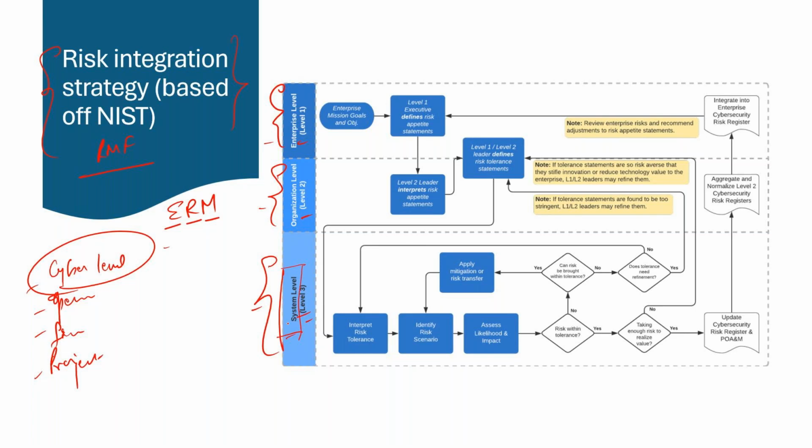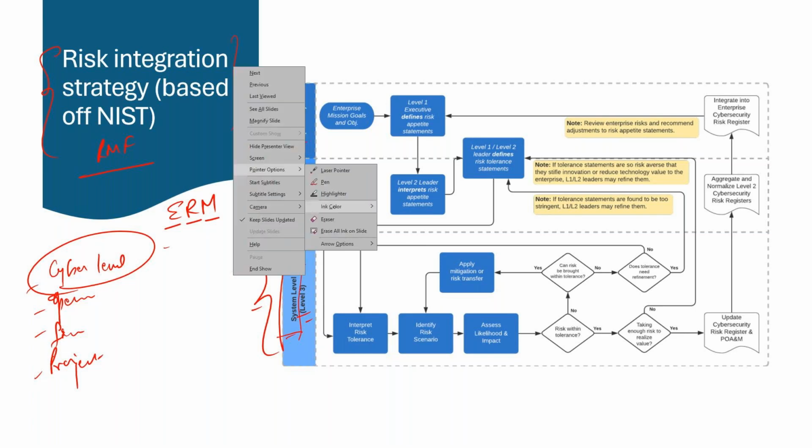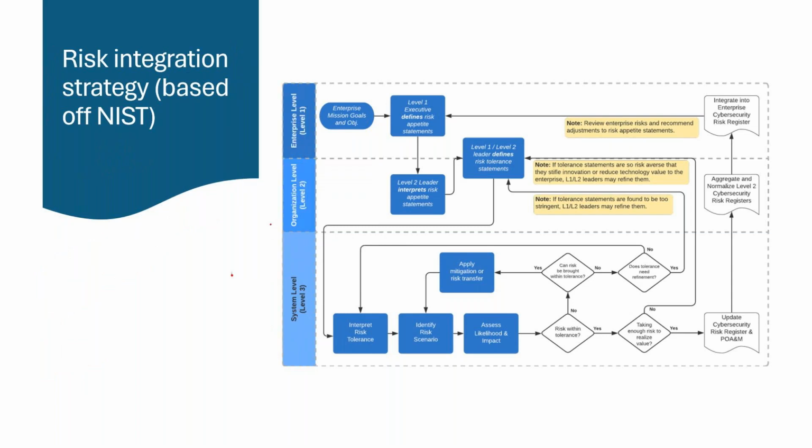So from the NIST, this is how more or less the companies would also adopt it in an ideal case scenario. It could really differ from company to company and the location that they are operating in, if they are obligated to comply with some of the local risk management frameworks from a legal and regulatory perspective. In those cases, definitely the situations would be much different than you would see here.